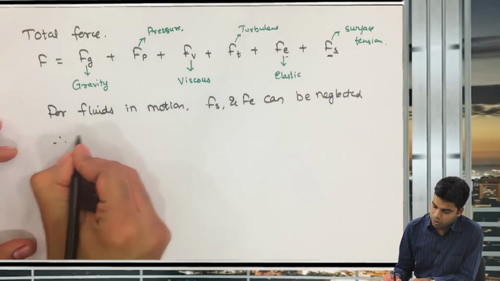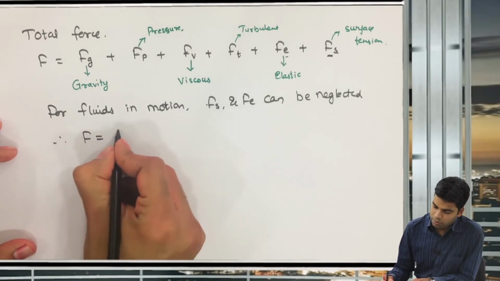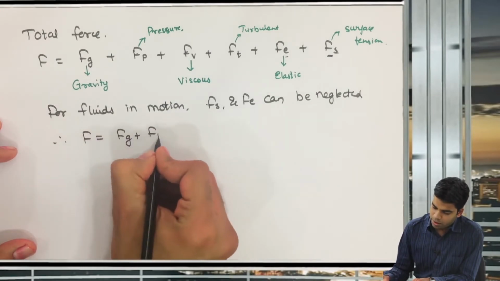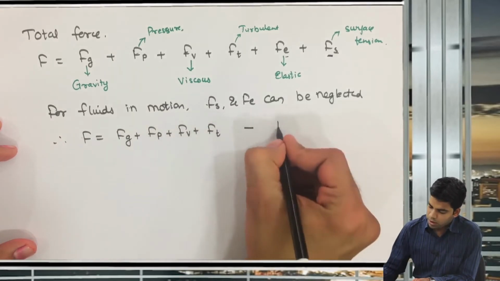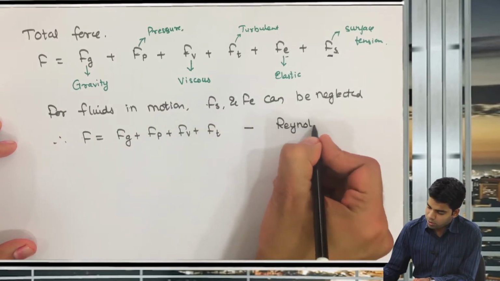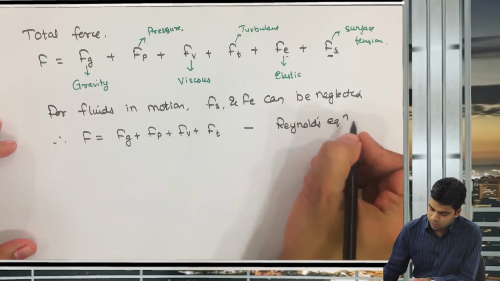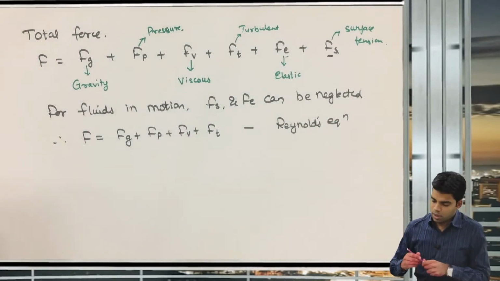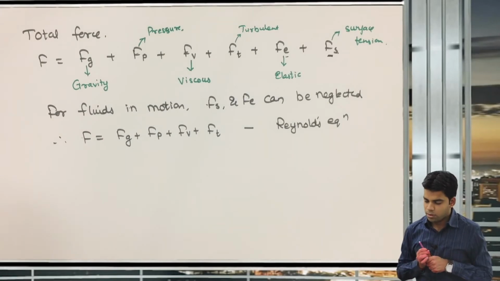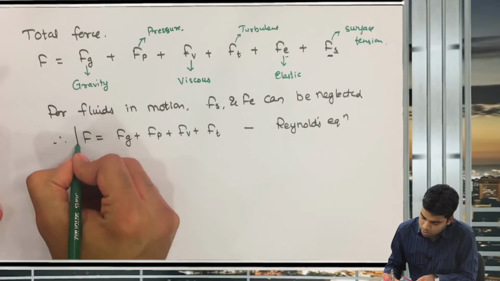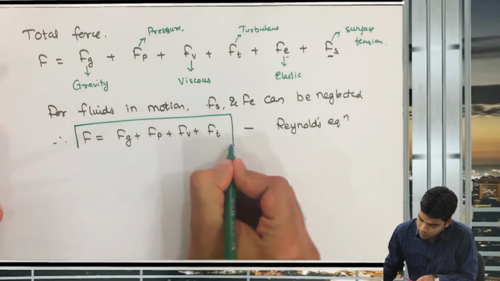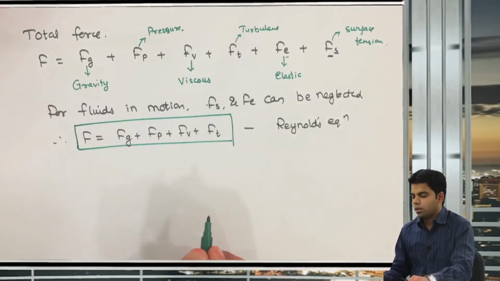That means the total force in a moving fluid will be equal to Fg plus Fp plus Fv plus Ft. This is known as Reynolds equation. Getting this? Gravity force plus pressure force plus viscous force plus turbulent force. Clear or not?